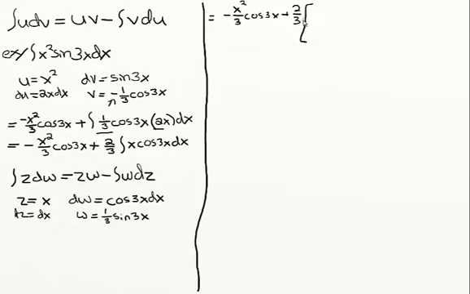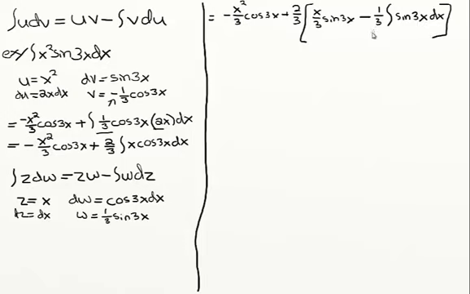Our zw is going to be x over 3 sine of 3x. That's because our z was equal to x and our w is 1/3 times the sine of 3x. Then we are going to subtract the integral of w dz. Now w is 1/3 times the sine of 3x, so we can bring the 1/3 out. Then we have the integral of sine of 3x, and our dz is just dx.